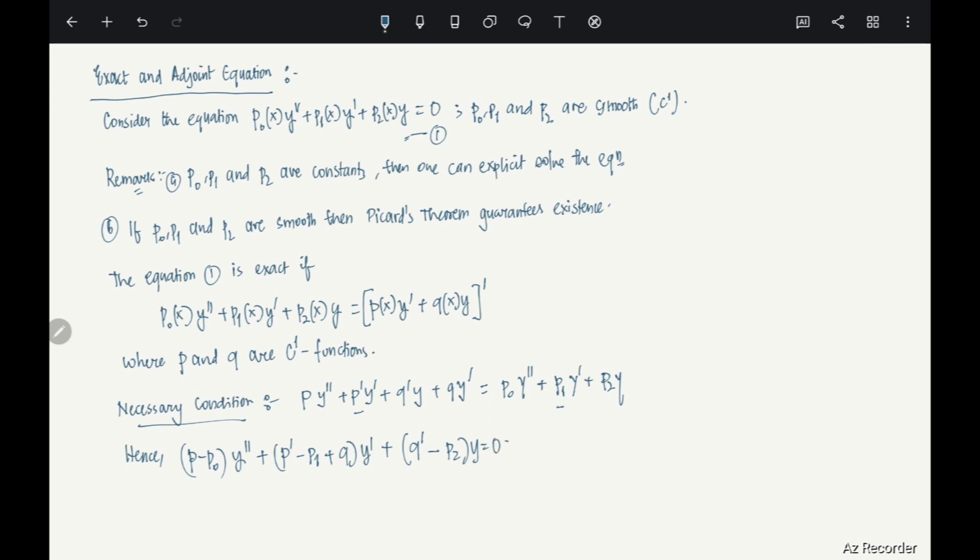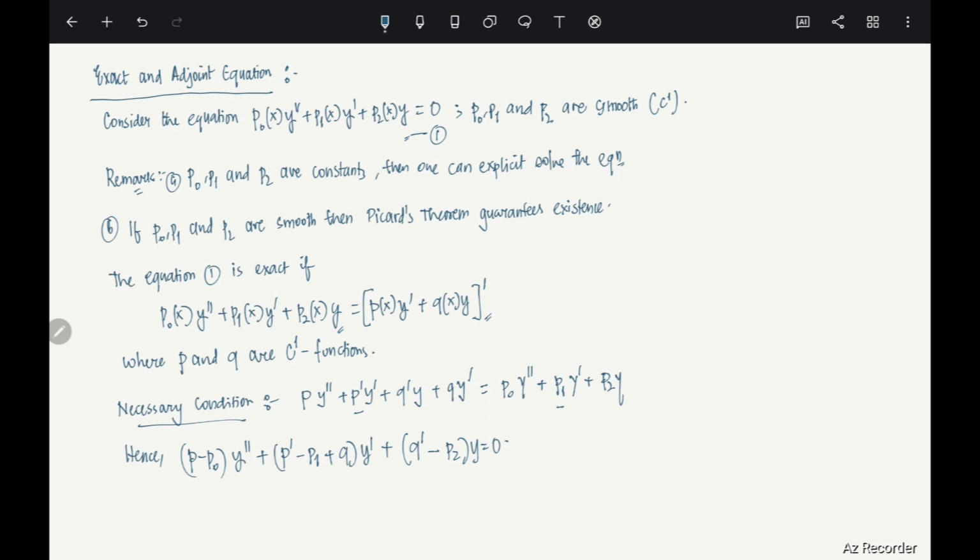This is okay. Now you see, I want this expression to be equal to this, and this should hold for all y. It's not for a fixed solution y, right? This should hold for all y. Is this okay? I hope this is clear. We are not trying to solve the problem.